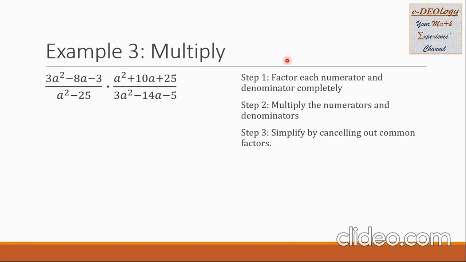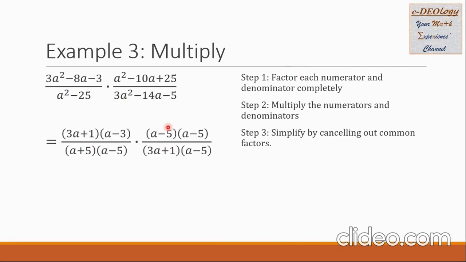So I wrote the steps on this side, and I will now go to step 1 to factor each numerator and denominator completely. In the numerator, in our first rational expression, the 3a squared minus 8a minus 3, the factors are 3a plus 1 and the binomial a minus 3.